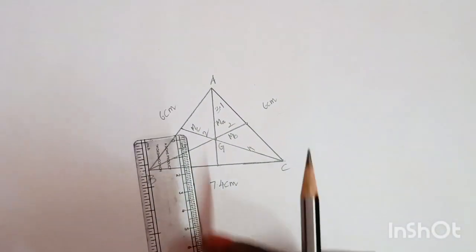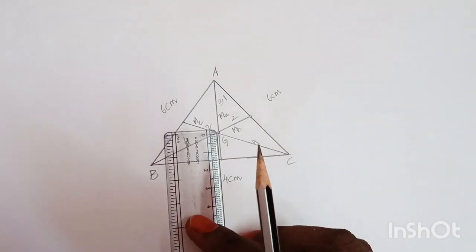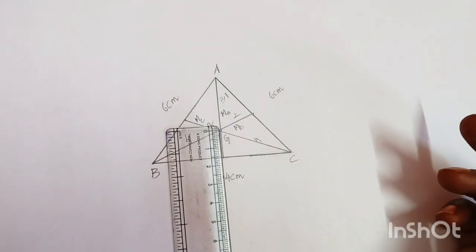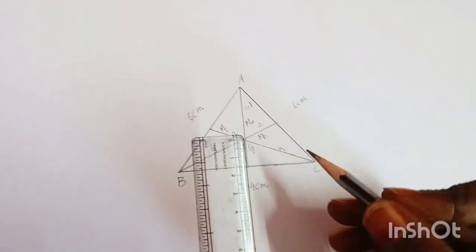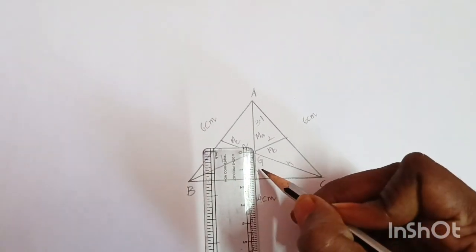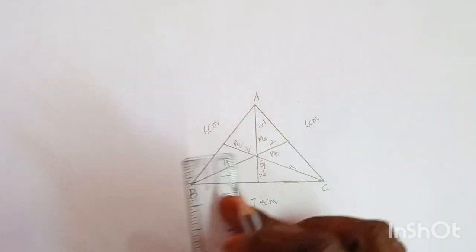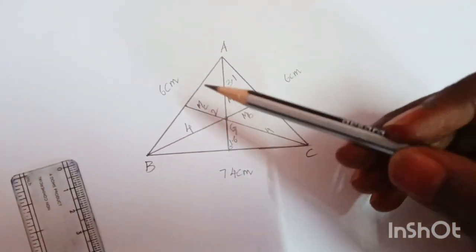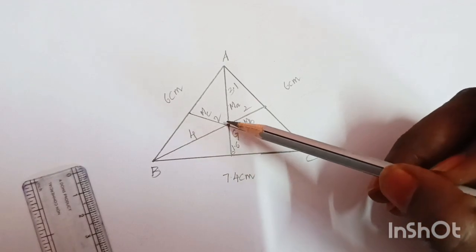And the distance from the centroid to the side BC is almost 1.55 or 1.6. Here 1.6 is almost half of 3.1. Again we are getting the ratio 2 is to 1.